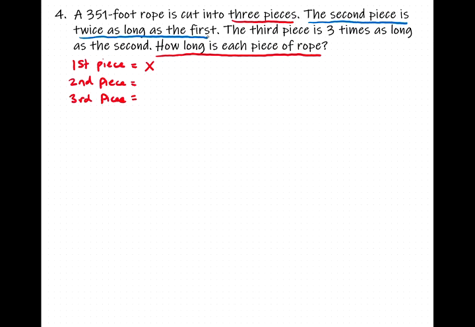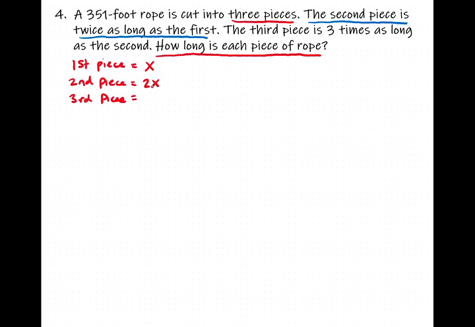Okay, so if the first piece is X feet long, we don't know what X is yet. We know it's a number, but if the first piece we're saying is X feet, well, the second piece is twice as long. And twice as long means times 2. So no matter what the first piece is, the second piece is double that, twice that. So the second piece will be 2X.